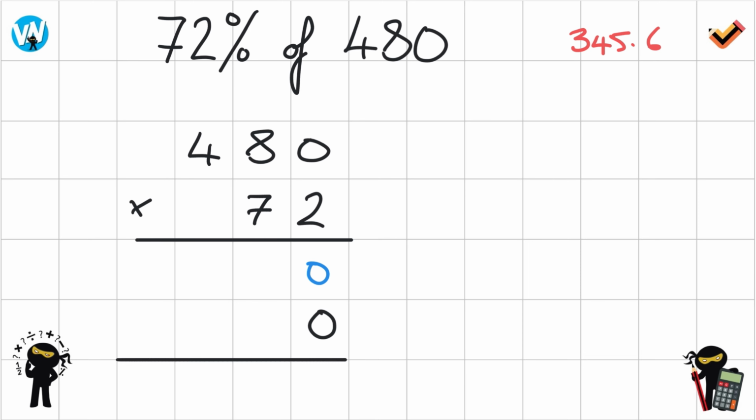So 2 times 0 is 0, 2 times 8 is 16, carry the 1, 2 times 4 is 8, add the 1 is 9. Then we're going to do 7 times 0, 0, 8 times 7 is 56, carry the 5, and then 7 times 4 is 28, add the 5 is 33.